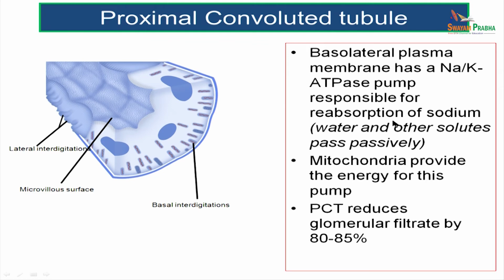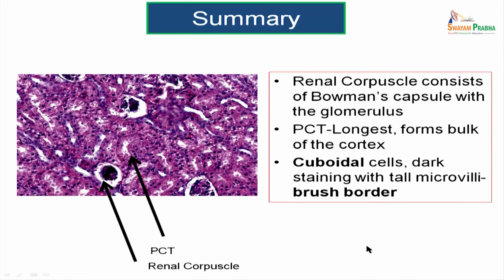This pump is responsible for reabsorption of sodium. Water and other solutes pass easily. So, the proximal convoluted tubule reduces the glomerular filtrate by 80 to 85%. This is because of its histological structure. The proximal convoluted tubule, I repeat, reduces the glomerular filtrate by 80 to 85%.